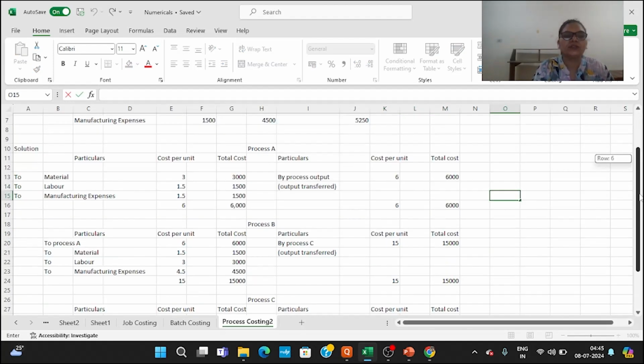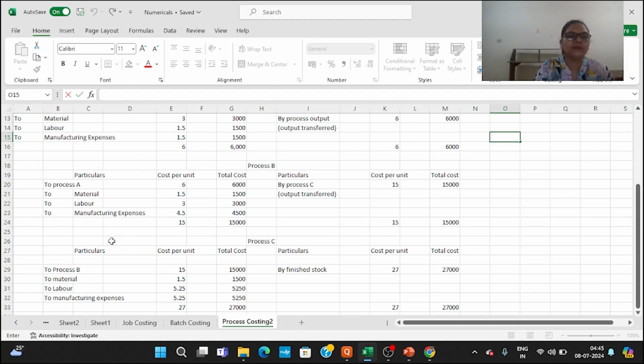Now this 6000 will become an opening balance in process B, and we will write process A because it is being transferred from process A. Now all the expenses will be noticed, material, labor, manufacturing, and we will calculate the cost per unit: 1500 divided by 1000 is 1.5, 3000 divided by 1000 will be 3, 4500 divided by 1000 will give you 4.5 and so on.